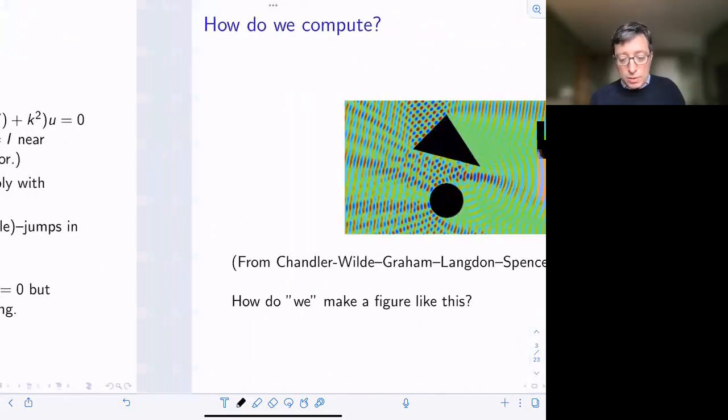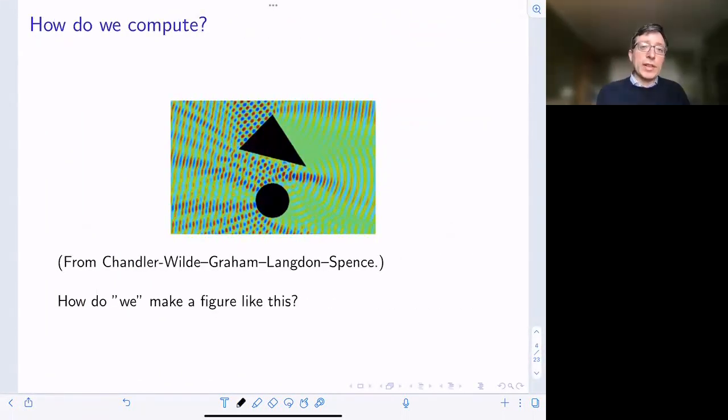And so I have a picture of that here. It's a very closely related problem, and I won't talk about it explicitly, but essentially it can be analyzed once you can analyze the inhomogeneous problem.